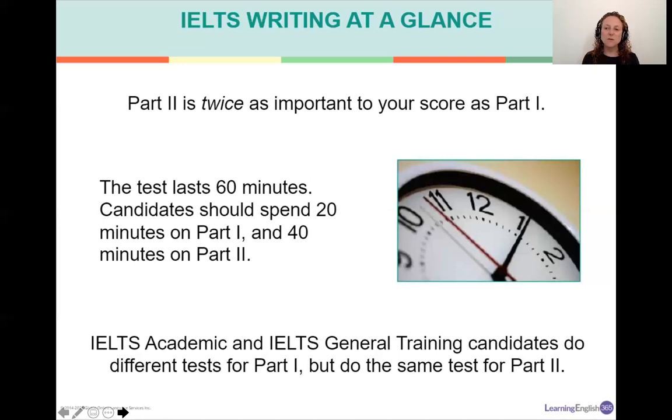For part two, both tests require you to write an essay of some description. And while the subject matters can be similar, they are often different questions. But in part two, you'll be asked to write an essay, maybe giving an opinion on something, or weighing up advantages or disadvantages of a situation that you've been given.